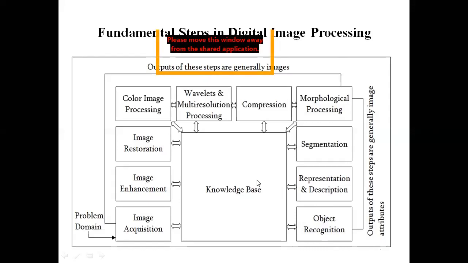Next, knowledge base. This is the center of this diagram. The knowledge base is a database that includes the data or information regarding the problem domain, that is, regarding all these steps depending on the problem domain, which is coded into an image processing system.